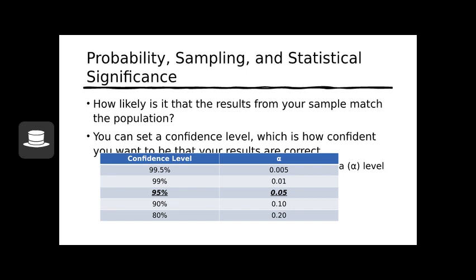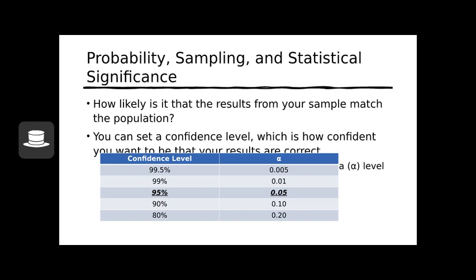Now, when talking about confidence level, you can also represent that percentage confidence in what's called an alpha level. So if you see in the chart, there's a little squiggly fish-looking thing, right? Or maybe it looks like a little alien with tiny little horns. That is an alpha. And that alpha level is just another way of representing the confidence level.